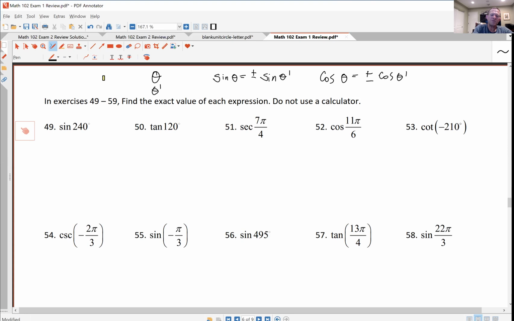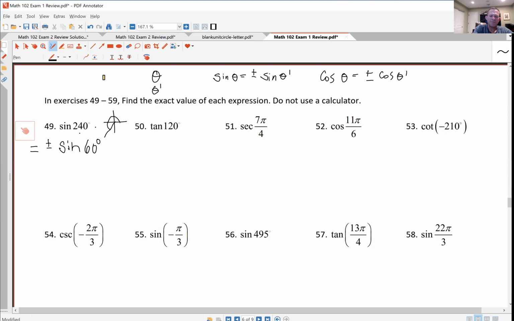So when I look at 240, I need to know what its reference angle is. I know that 240 went all the way around past 180, or 60 degrees past it. So it's equal to the sine of 60 degrees, but plus or minus of it. But since I'm in quadrant 3, I know that the tangent was the only one there positive.